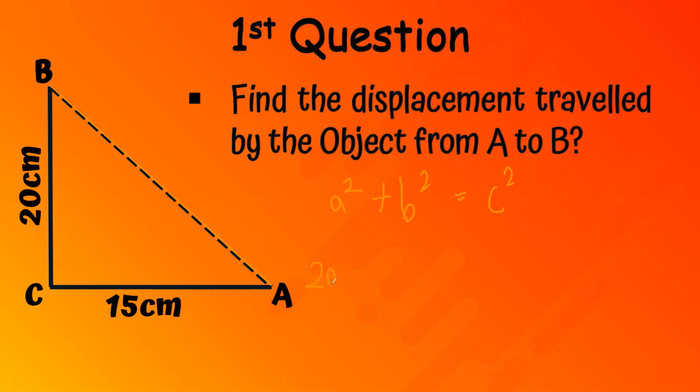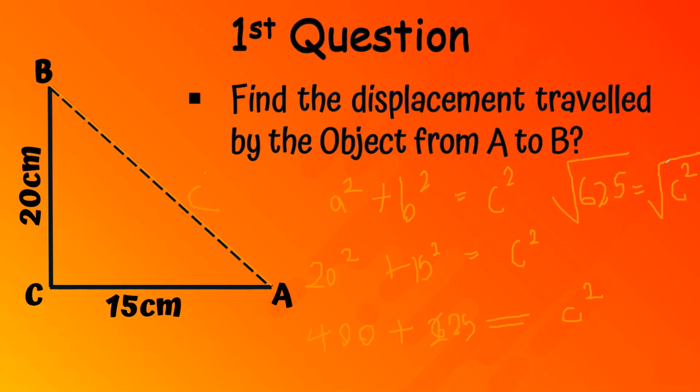So 20 squared plus 15 squared equals, if we name this c, c squared. 20 squared means 400 and 15 squared means 225. So c squared equals 625. The addition of 400 and 225 is 625.